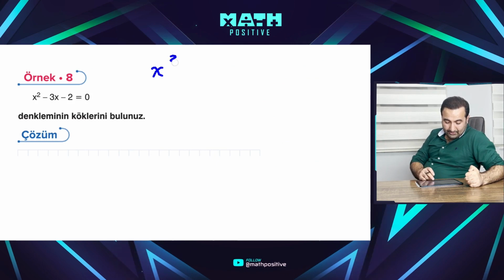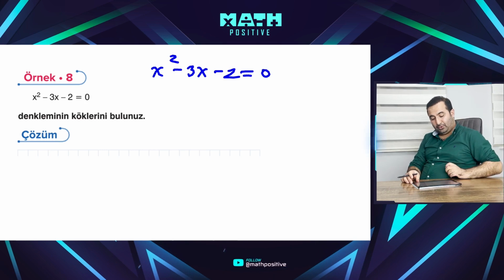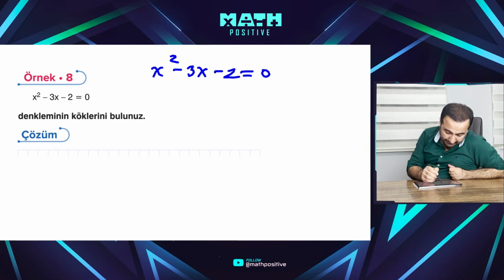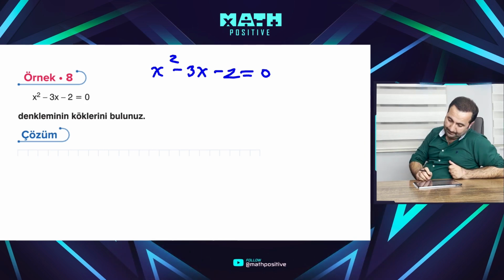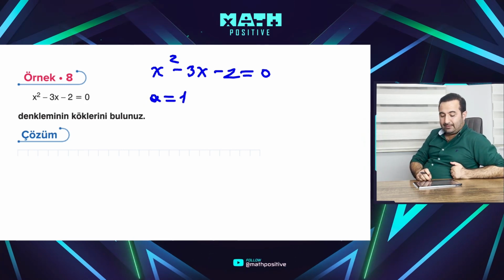Let's try this method on the equation x squared minus 3x minus 2 equals 0. Now we can maybe factorize this, but we want to use the discriminant method.